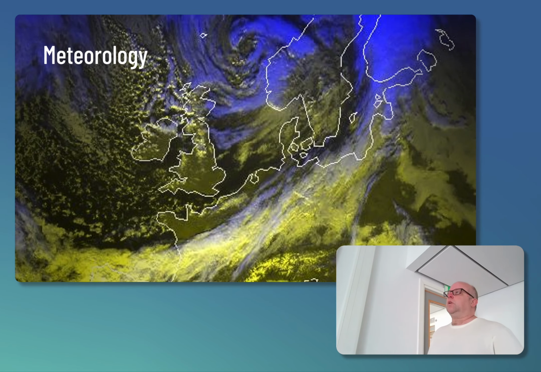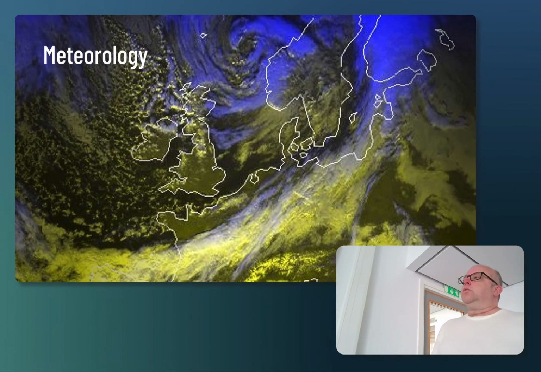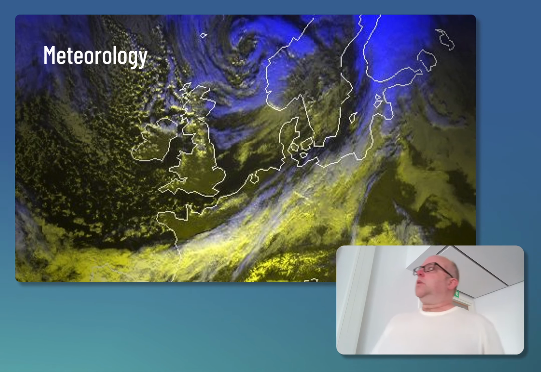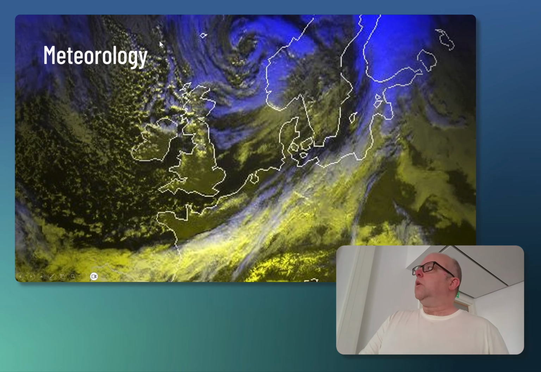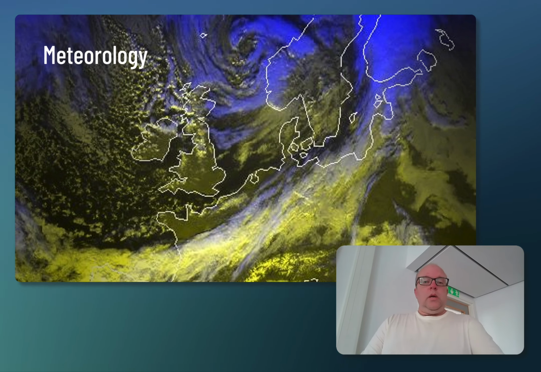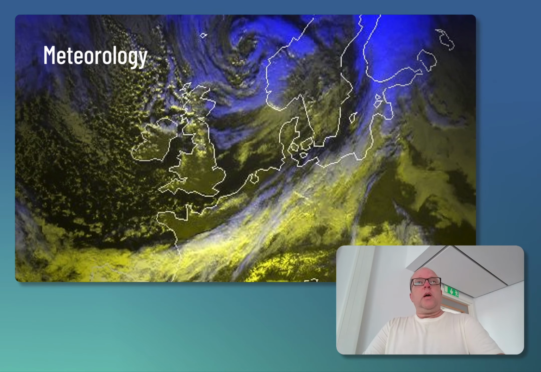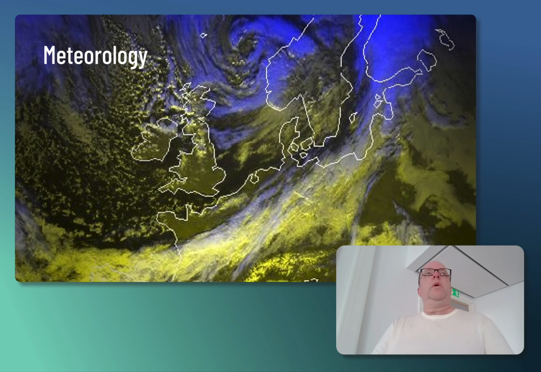So I touched upon where we have used supercomputers, for example, in meteorology. There is a large computer in Linköping that is funded by SMHI that makes a lot of the weather simulations that produce the weather forecast we have today. And it's actually connected in parallel with a Norwegian computer as well.